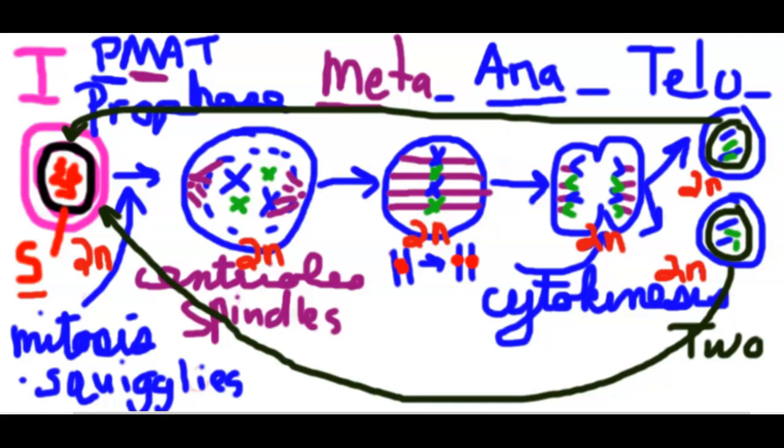Question 3. How many chromosomes will be present in each of the daughter cells? That is in telophase. 6. And they're going to be 6 monads. In which phase do sister chromatids pull apart? Anaphase.